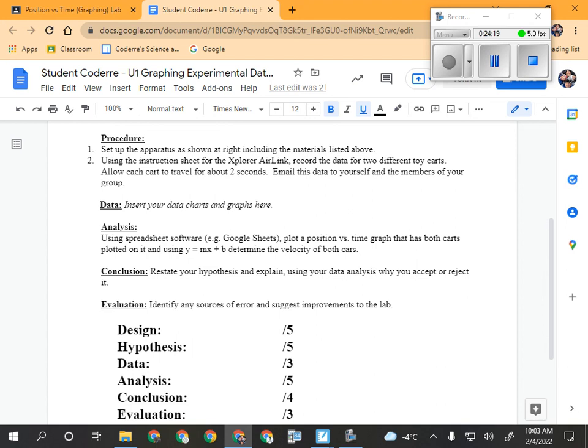Then you've got your conclusion. So for your conclusion, copy and paste the hypothesis. Just take your hypothesis, copy, paste it. And then tell me, can you accept or reject it based on your data and analysis? So you don't just go, here's my hypothesis and it's good, or I accept it. You have to say why. I accept it because the shape of the graphs looked like what was predicted.